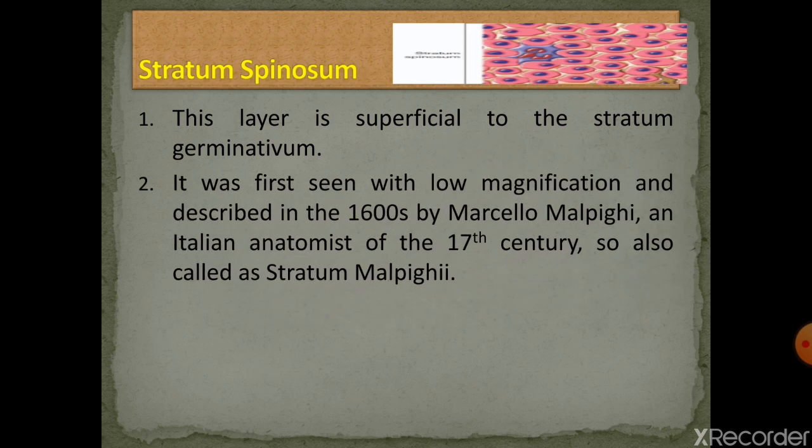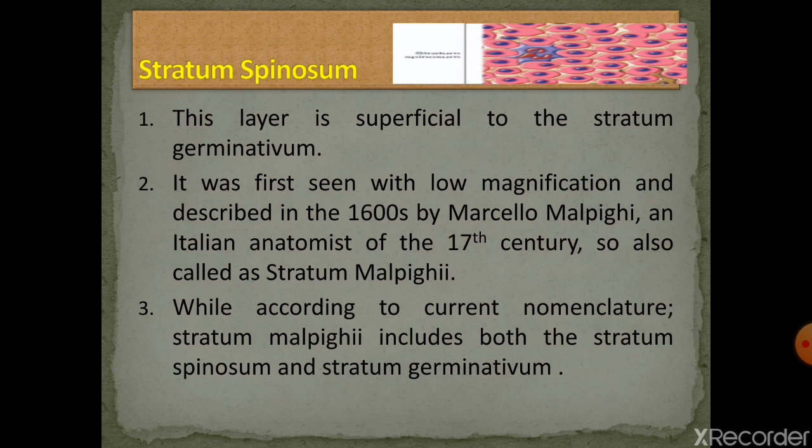It was first seen with low magnification and described in the 1600s by Marcello Malpighi, an Italian anatomist of the 17th century, so also called as stratum Malpighi. While according to current nomenclature, stratum Malpighi includes both the stratum spinosum and stratum germinativum.